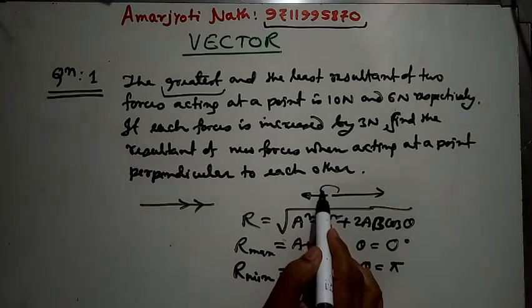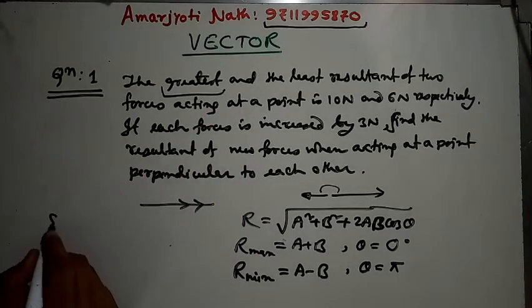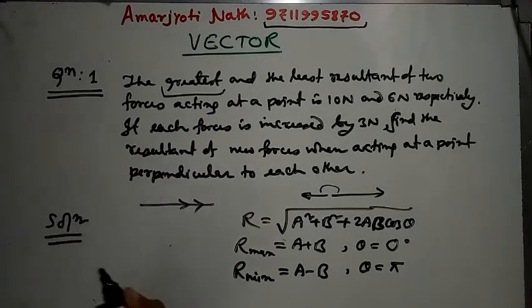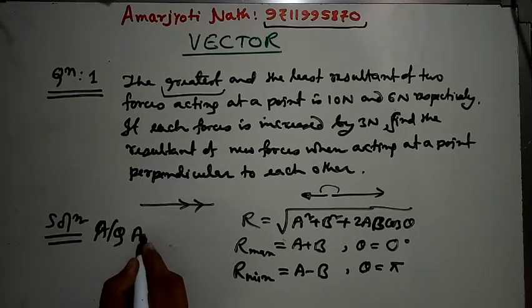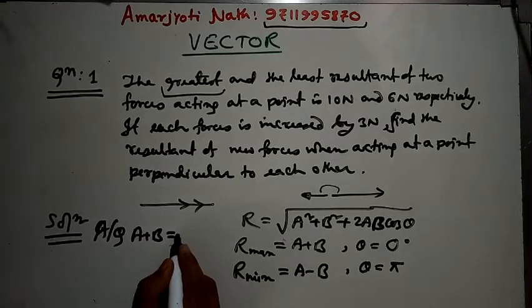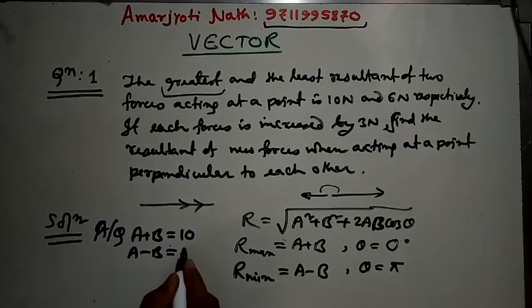So in this question, one vector is A, another vector is B. According to the question, A plus B is 10 and A minus B is 6.